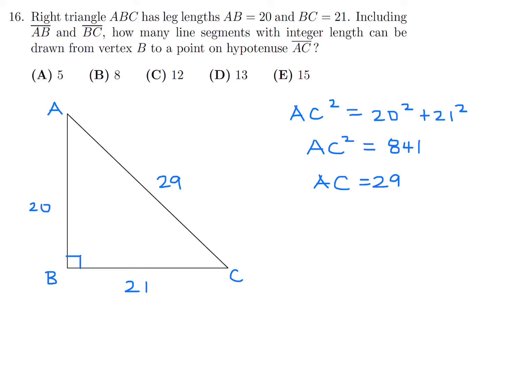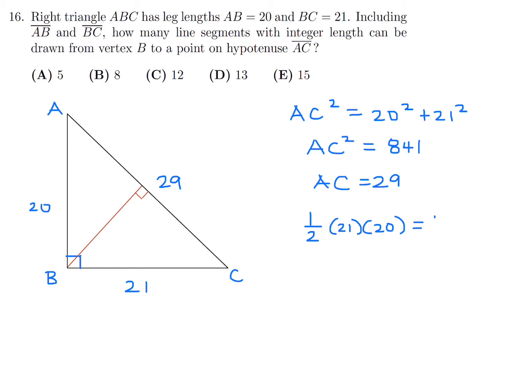Okay, great. So now what I'm going to do is draw a perpendicular from B to the other side. And that perpendicular will help me figure out the shortest possible value I can get for a line drawn from B to the other side. And how I do that is using the area. So one way of figuring out the area is 1/2 base times height, where 21 is the base and 20 is the height.